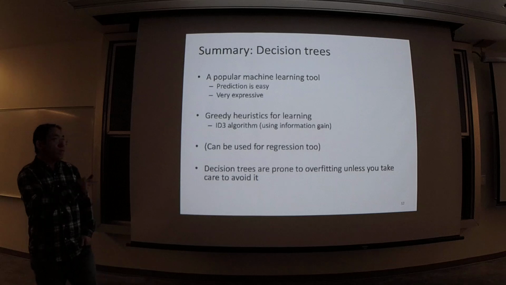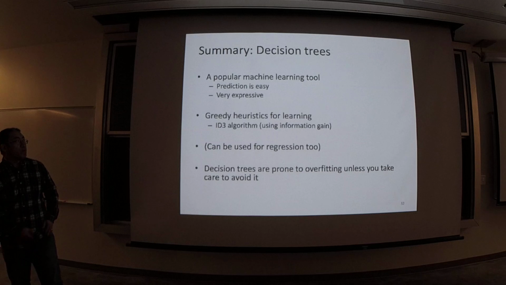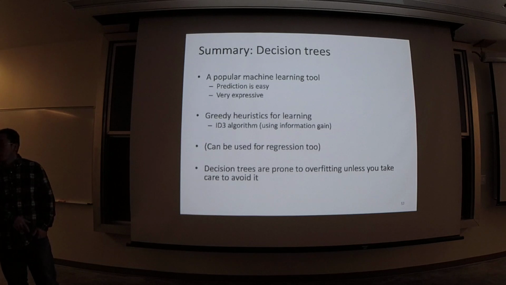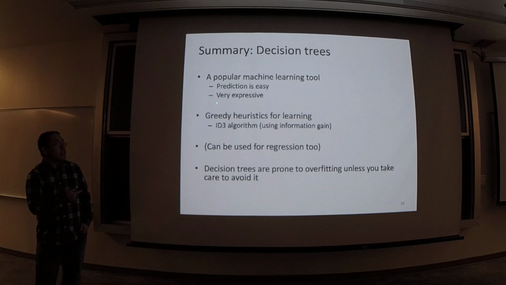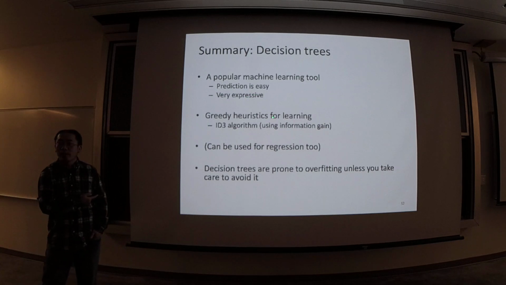So now I have discussed everything about decision trees. I think you should be ready to implement your own decision trees with ID3 and the variants of ID3. Okay? So, a very brief summary. Decision trees are a very popular machine learning tool, very classical but very widely used. The prediction is easy and very expressive. And the construction of a decision tree is based on a greedy heuristic. The goal is to construct the tree to be as small as possible.